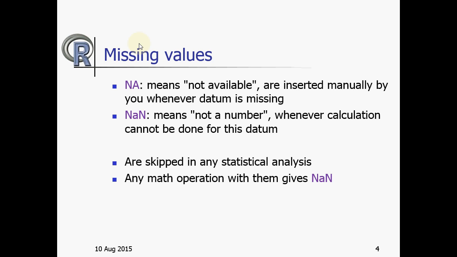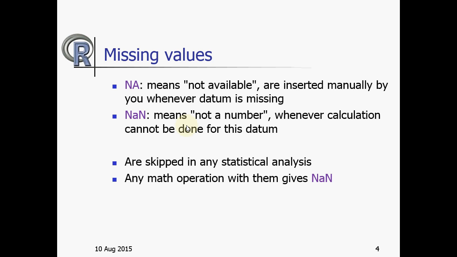There is another type of missing value inside R and inside all the statistical programs. It's NaN, meaning not a number. Whenever you try to make a calculation which cannot be done, for example, you have a certain set of numbers, some of these numbers are negative, and for your personal reason, you calculate the square root.